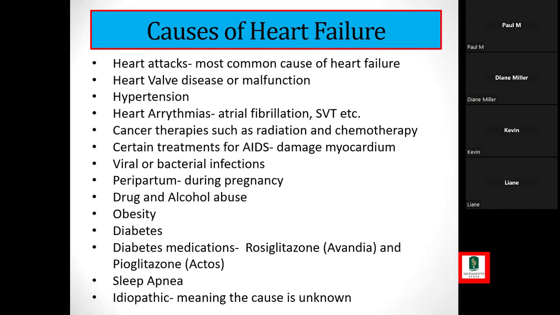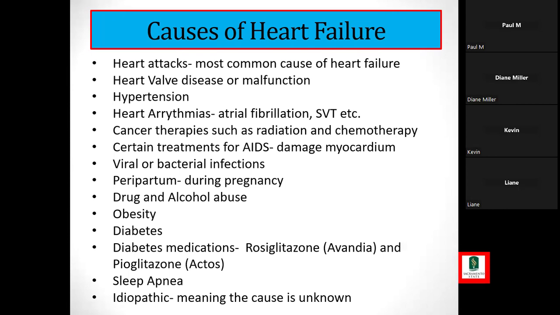Anyway, problems with the heart valves, having high blood pressure, those arrhythmias, having cancer therapy with radiation or chemotherapy can make you more likely to develop heart failure down the road, usually 10, 20 years later, because the chemotherapy and the radiation can actually damage the heart muscle. It gets rid of the cancer, but it also damages some other things. It's pretty strong stuff.